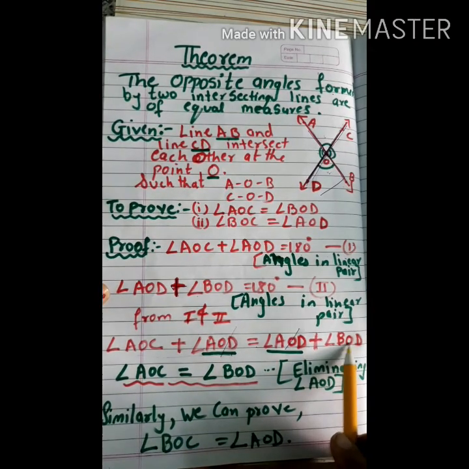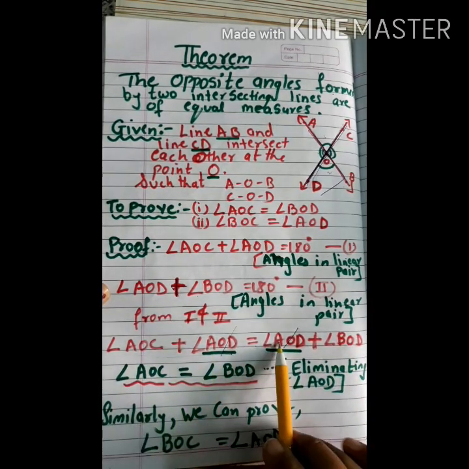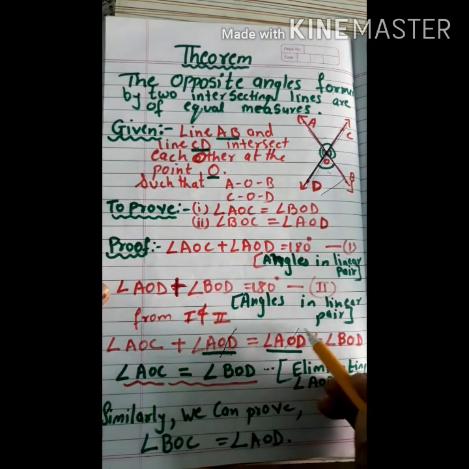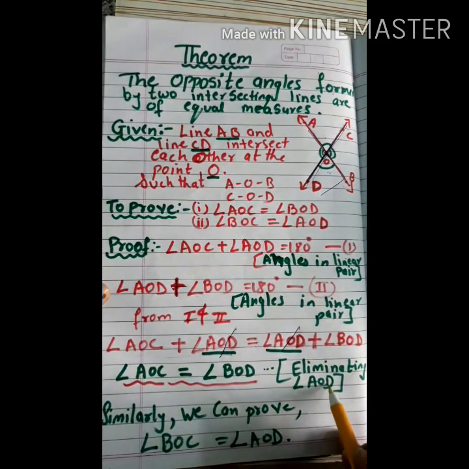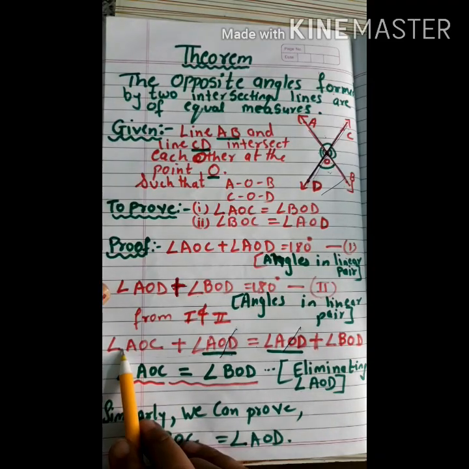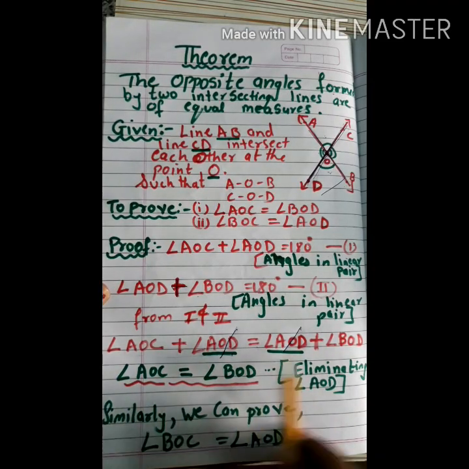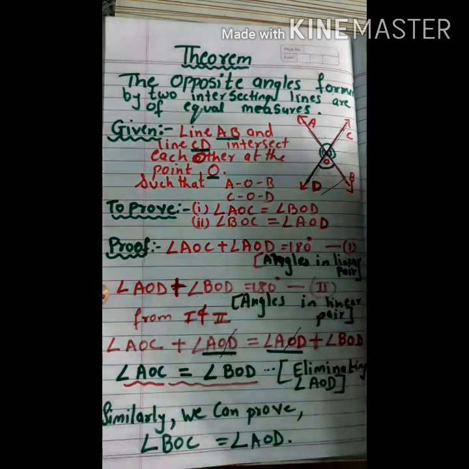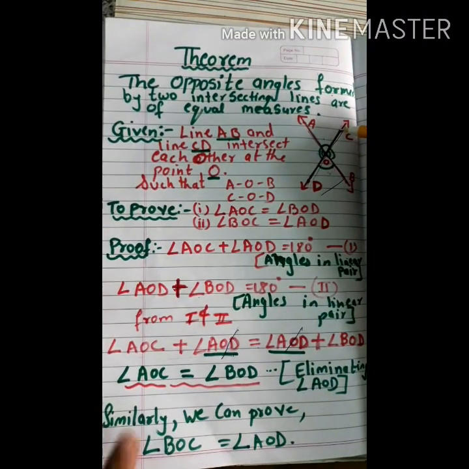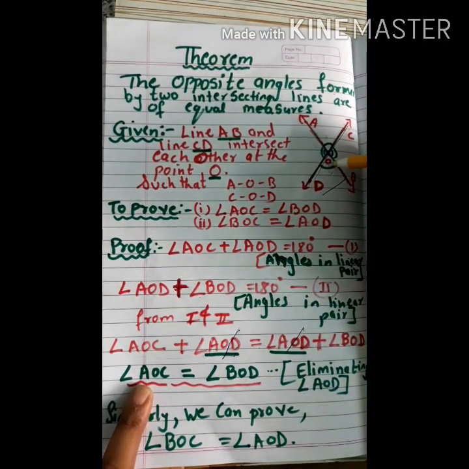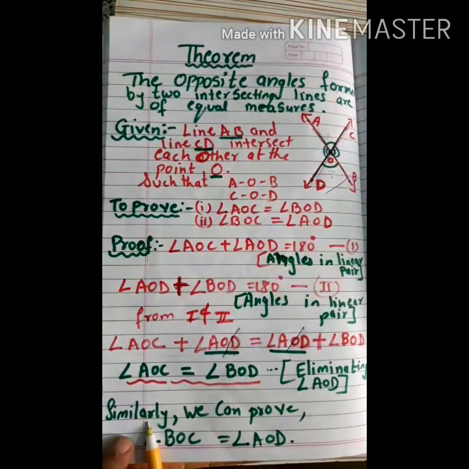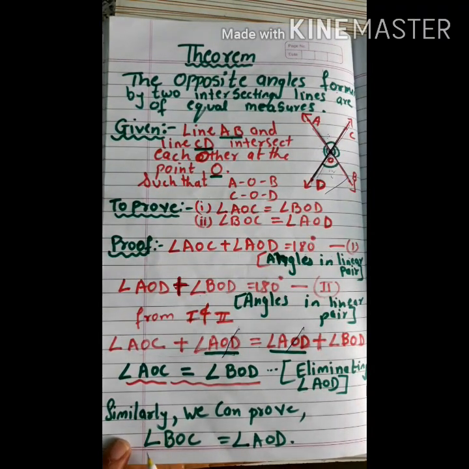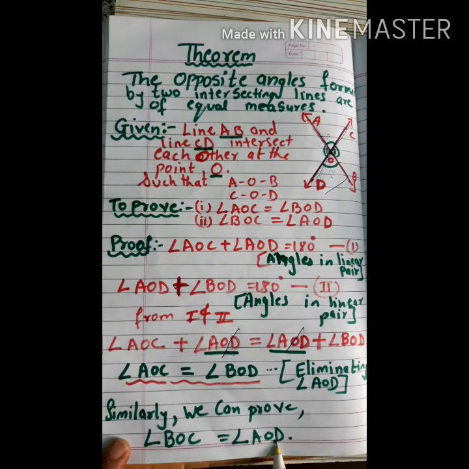Now from these two equations we can eliminate angle AOD. Eliminating angle AOD, what is left? Angle AOC equals angle BOD. So these two angles are equal. Similarly, we can prove angle BOC is equal to angle AOD. Understood?